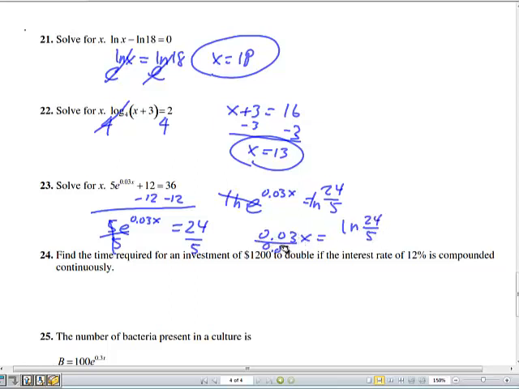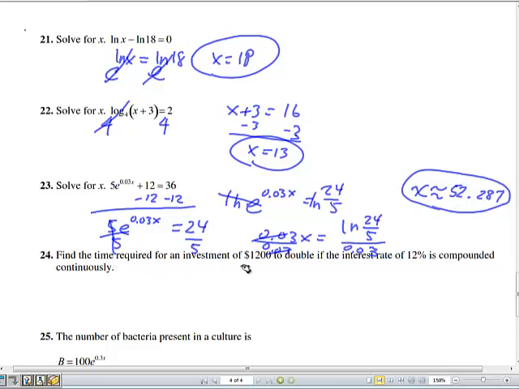Divide both sides by 0.03. Using my calculator to finish this off, natural log of 24 over 5, all of that over 0.03, and I get approximately 52.287.